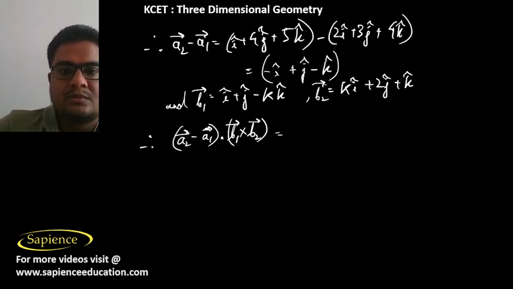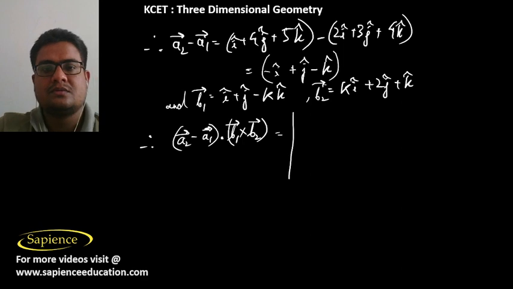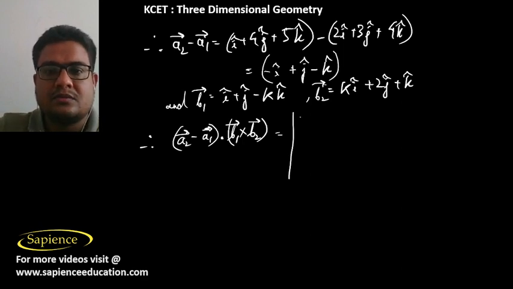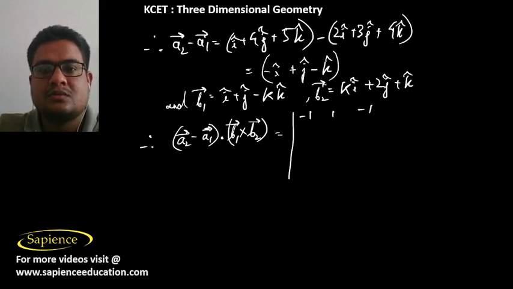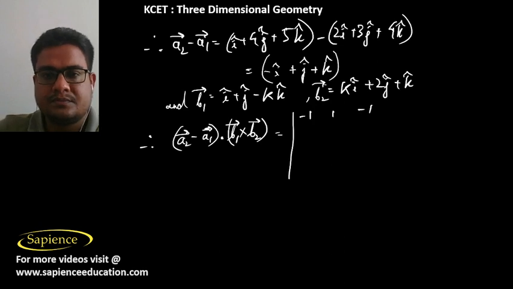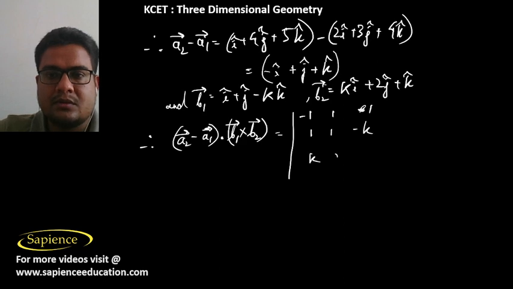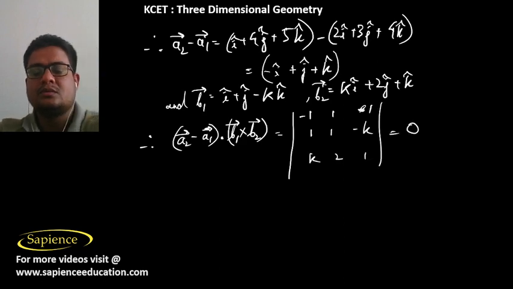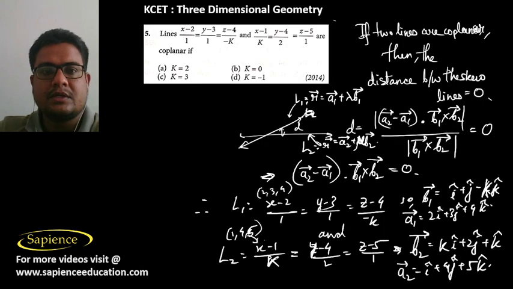That will be equal to the determinant of minus 1, 1, minus 1; 1, 1, minus 1; k, 2, 1. That should be equal to 0. Then we have to find the value of k.